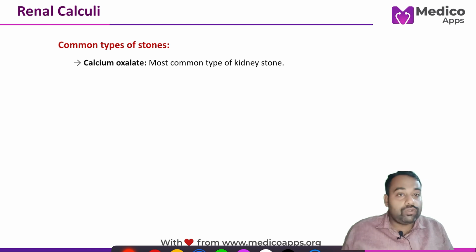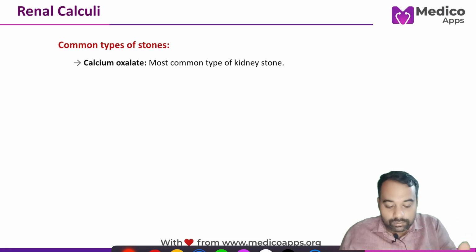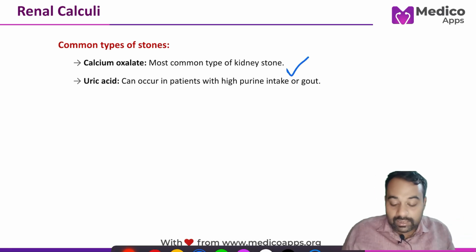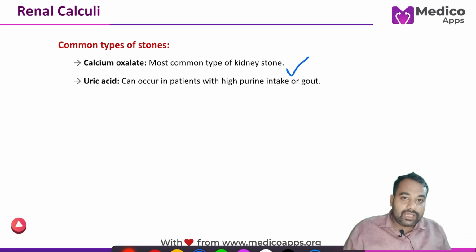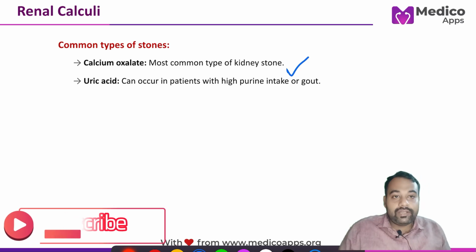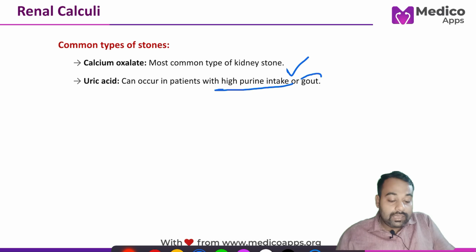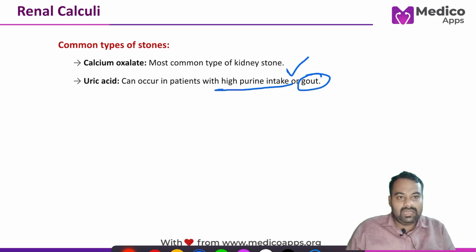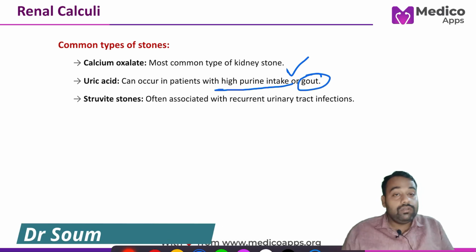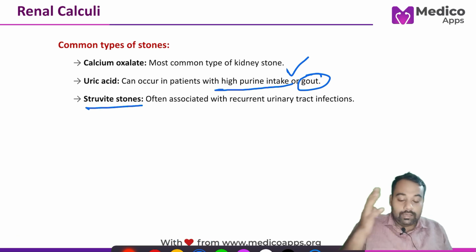Now your most common type, as I have already mentioned, is the calcium oxalate stone. Apart from that, you can also have uric acid stones. These typically happen in patients with high urine intake, or patients with gout. Also, we have the struvite stones. A special mention is needed for these stones.